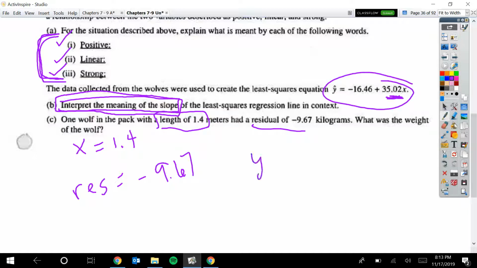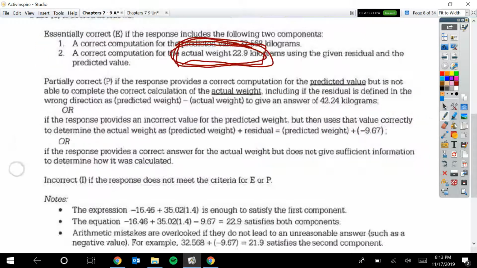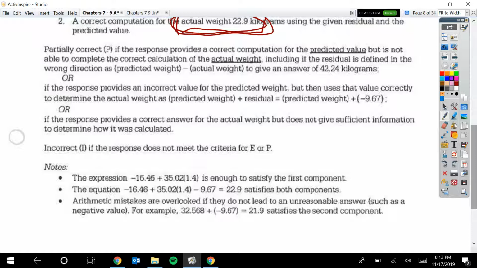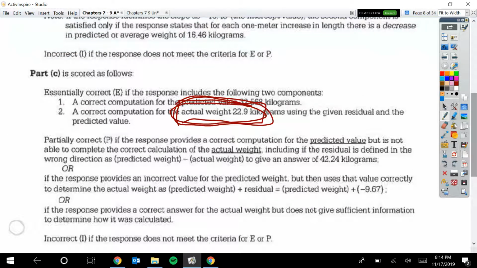And so then you can use this. So you can use the predicted y equals your negative 16.46 plus the 35.02 and plug in your 1.4. Okay, and then that's how you can get that predicted y value, whatever that came out to be. I don't have that written here.